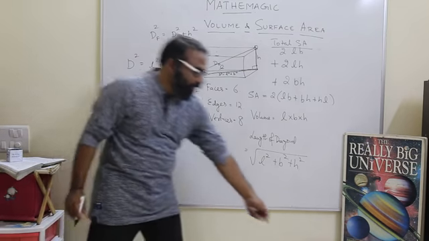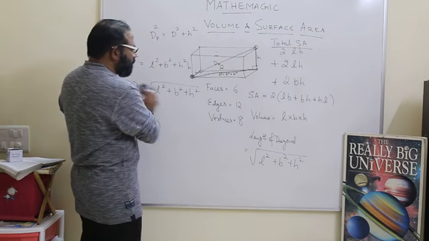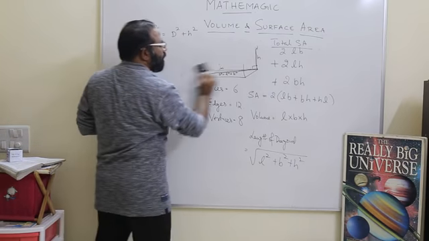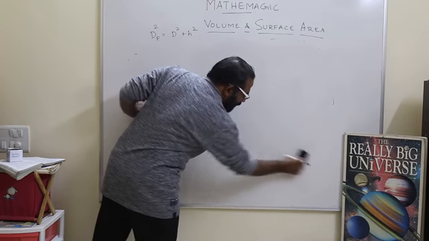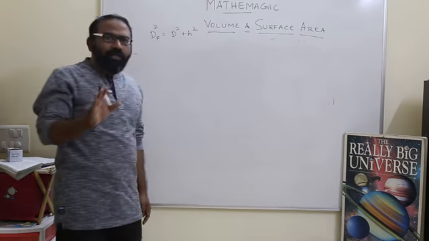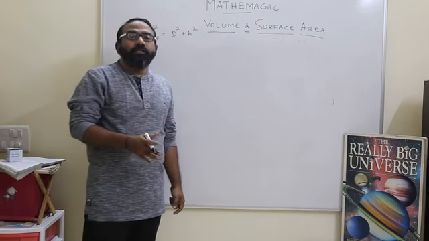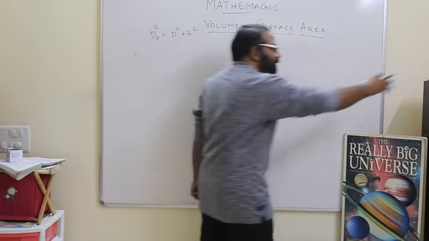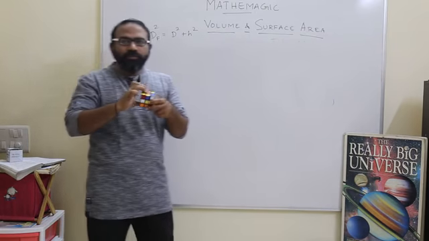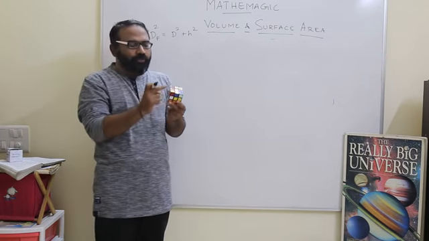Now let us look at the cube. So what is a cube? A cube is nothing but a cuboid in which the length, breadth and height are all equal. You must have seen Rubik's cubes; these are an example of cubes.